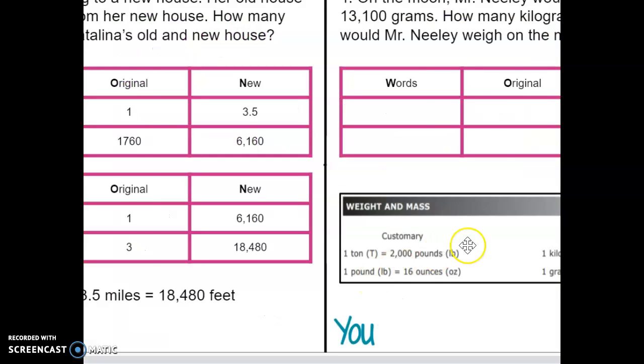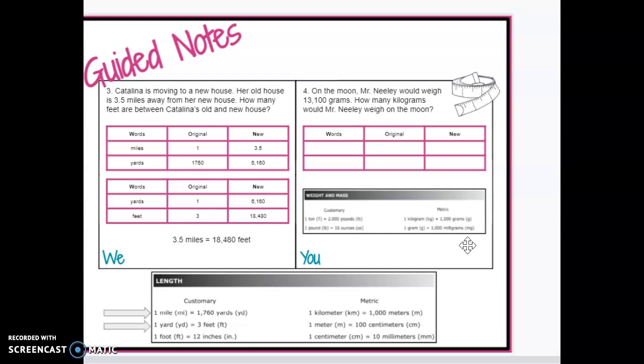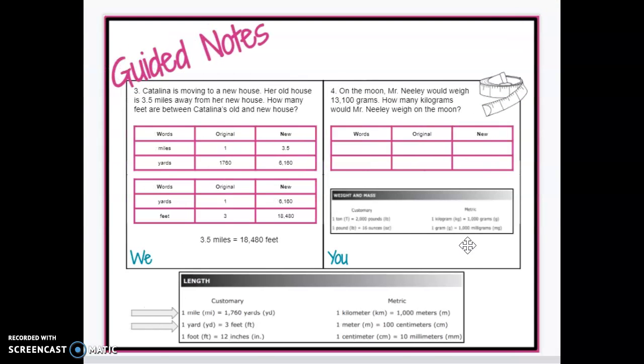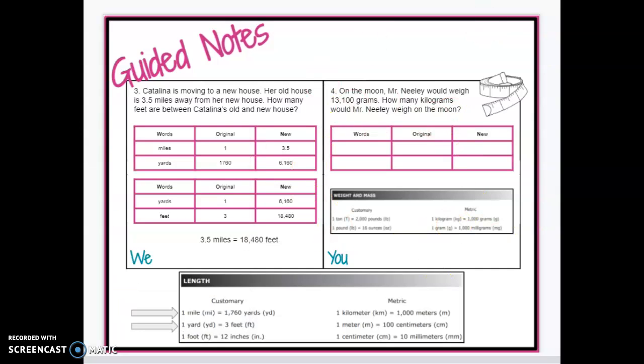I'll show you that, and it will zoom your slide in. If you hit the negative sign, it will zoom it out, and you can move it around. You can go up to View, and you can hit Zoom, and then you can zoom in and out. There are many different ways to make this bigger, so don't tell me you don't know how to make it bigger. If you are having problems, let me know.